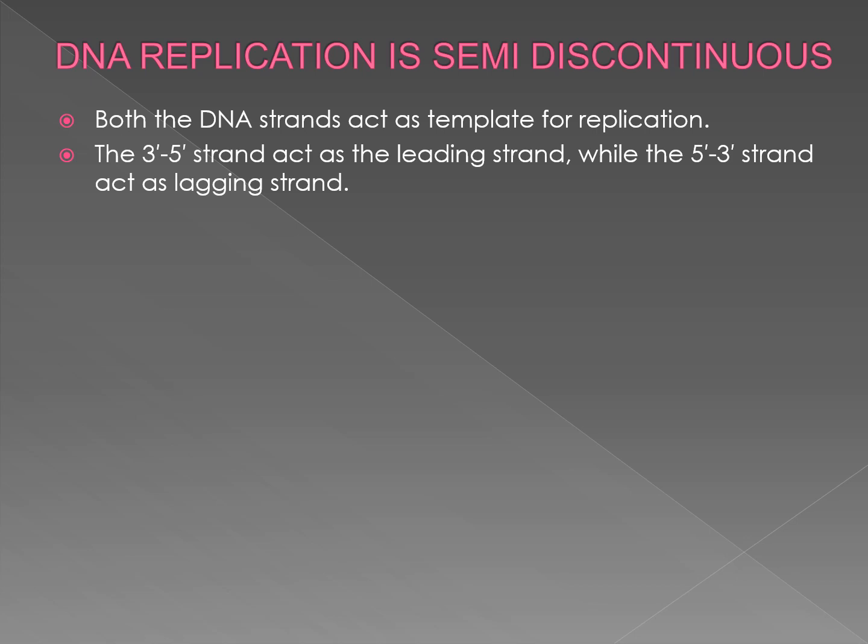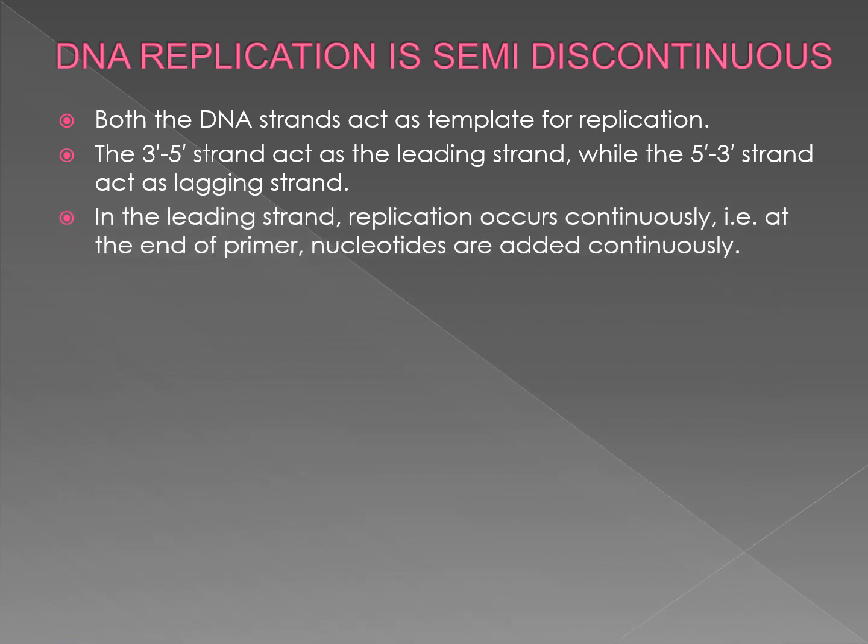Both strands act as templates. On the 3' to 5' leading strand, during synthesis the enzyme keeps on adding nucleotides continuously, one after another. When a new area of the fork gets exposed, more nucleotides are added to it. It forms a long continuous strand, so replication occurs continuously here.